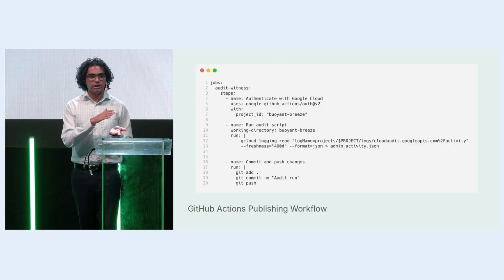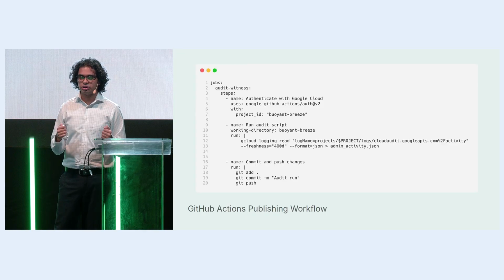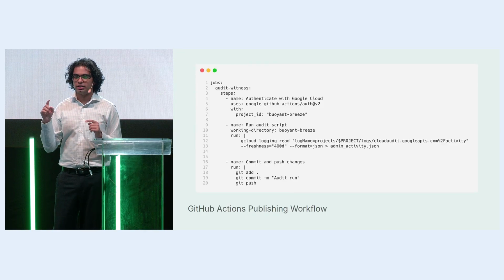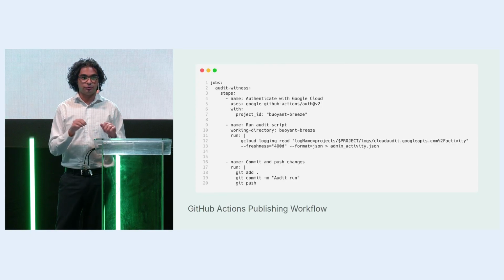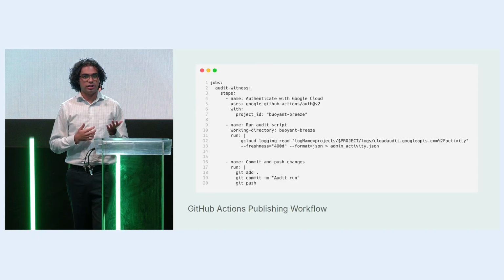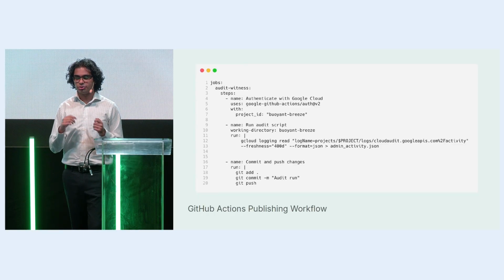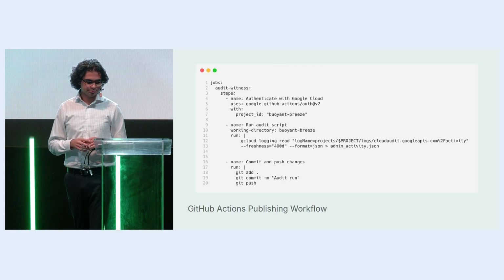And then an outside auditor or third party can come in and actually validate the state of the project and validate the configuration to make sure that this configuration matches what we expect and matches that entire chain of trust is actually enforced correctly. And this workflow runs every couple of hours to make sure that over time, that third party can verify that the configuration of the project has not changed over time.